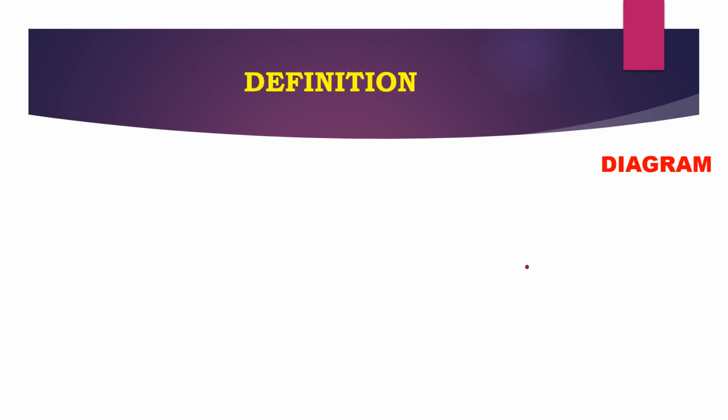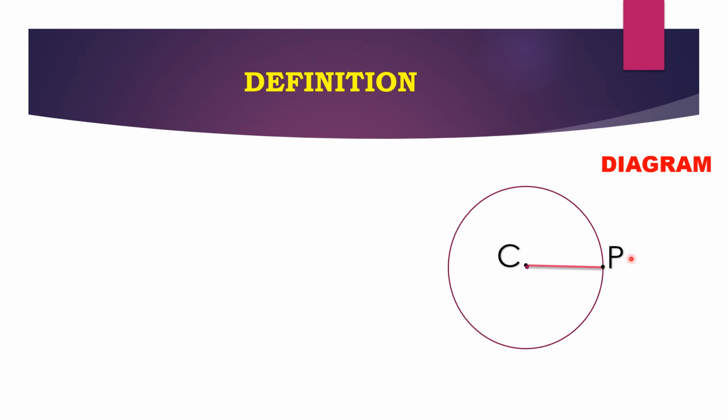Now I am telling about the definition of a circle. You see the diagram. Here C is a fixed point and P is a moving point on the plane with constant distance.